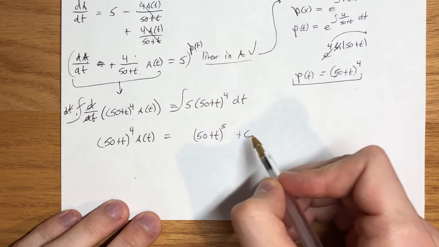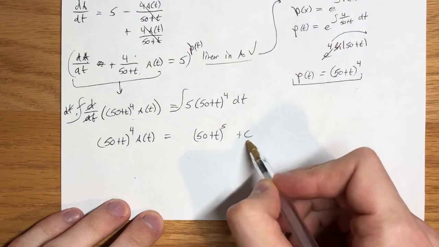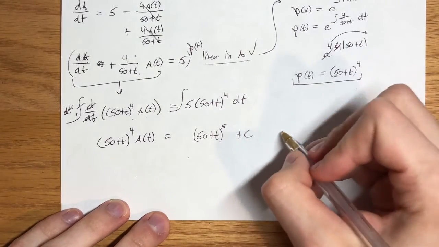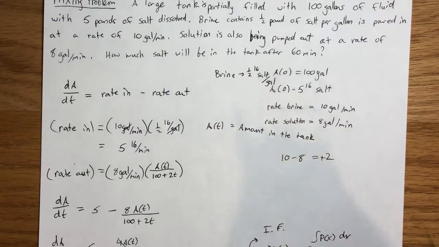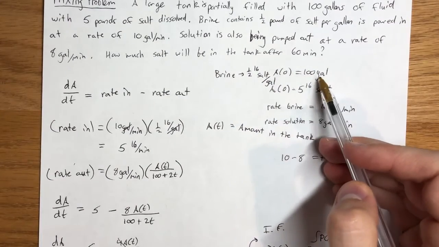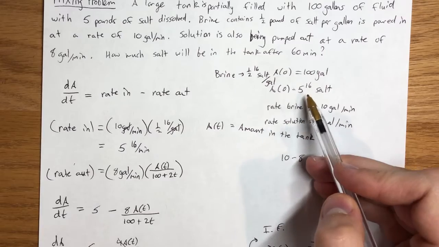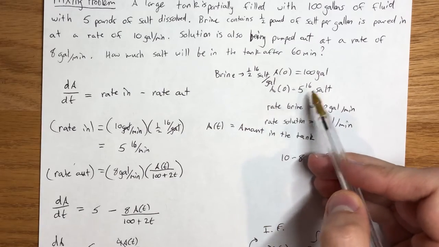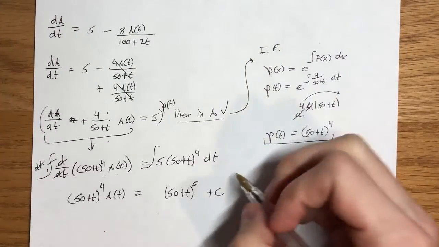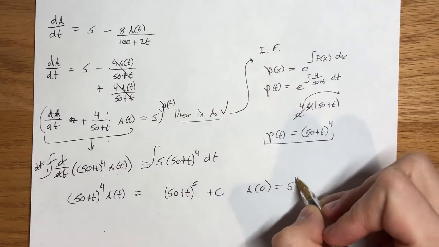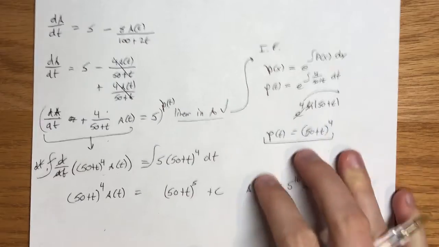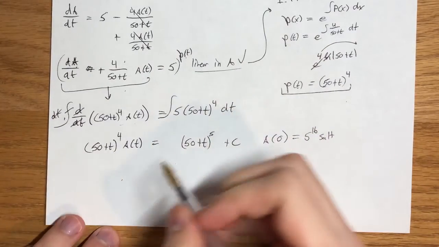So now what I want to do is find this constant c while it's by itself. To do so, we remember we're looking for the amount of salt. So the initial condition that we need to use is not the amount of fluid we have, but the amount of salt. So a of 0 will be 5 pounds. I'm going to plug 0 in for all the t's.